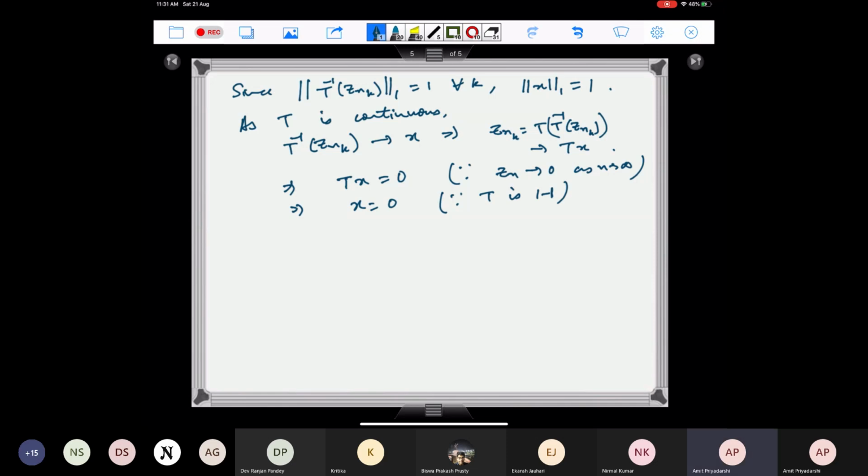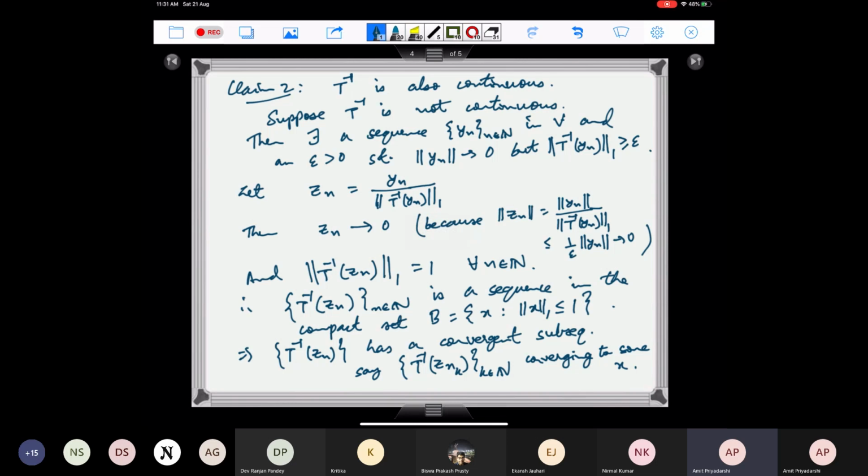But we know that norm x1 is equal to 1. So this contradicts. This contradiction is because we assumed that this T inverse is not continuous.